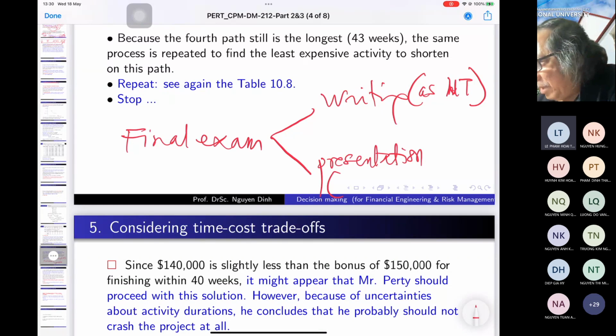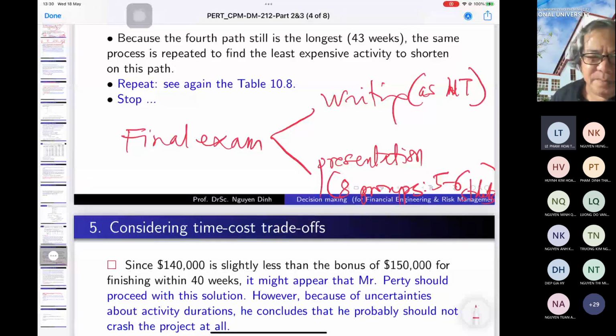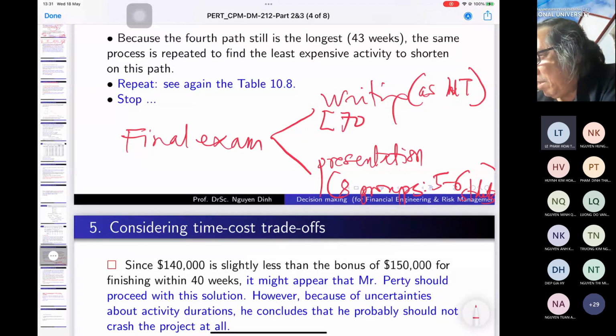Our class is about 43 students, so I want to divide it into 8 groups, with 5 to 6 students in one group. The writing is 70 marks and the presentation is 30 marks.